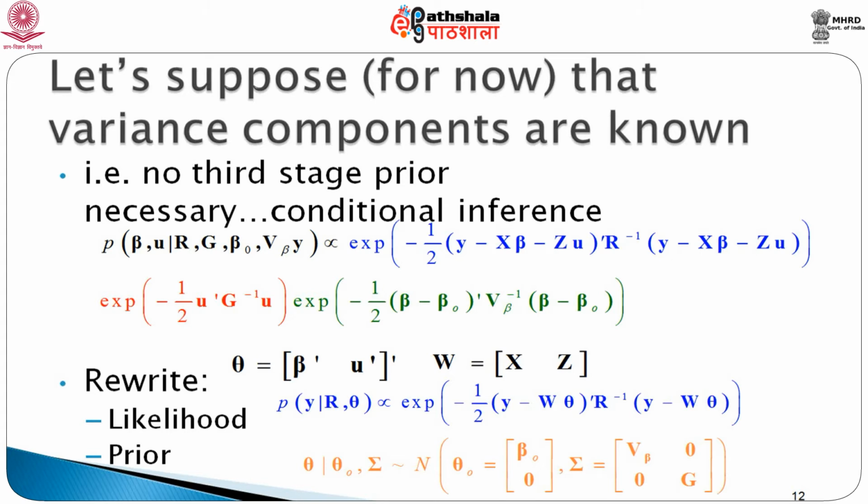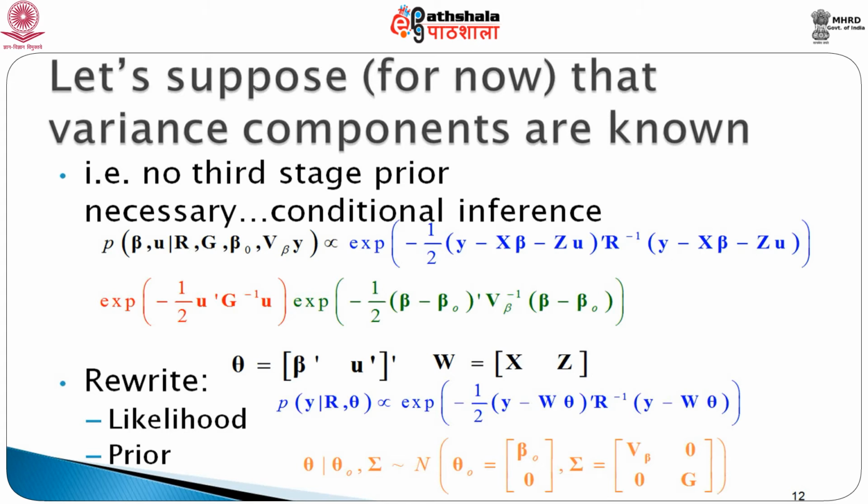So we can consider the prior and posterior for beta and u, and we define theta as beta dash and u dash, W as [X Z], and accordingly the likelihood function, which is this.